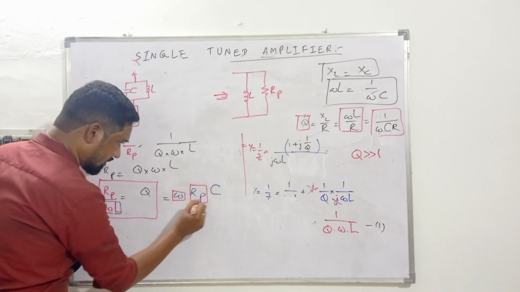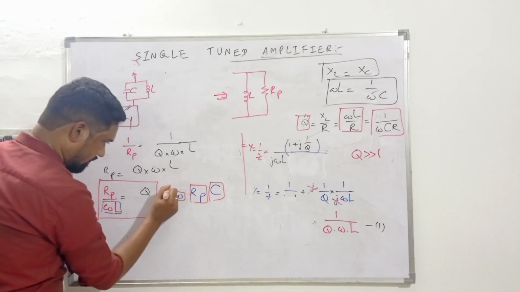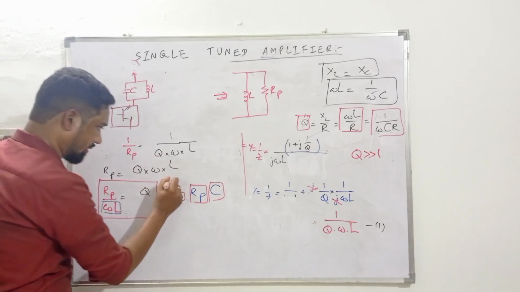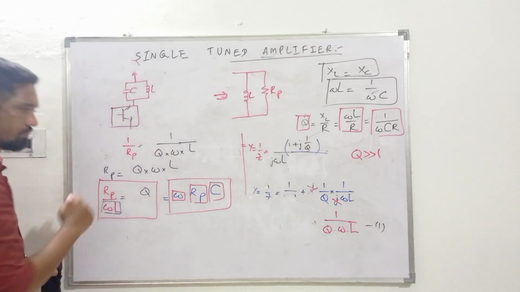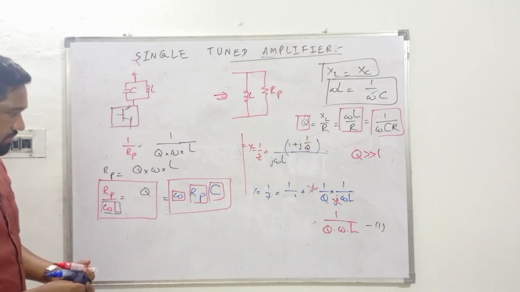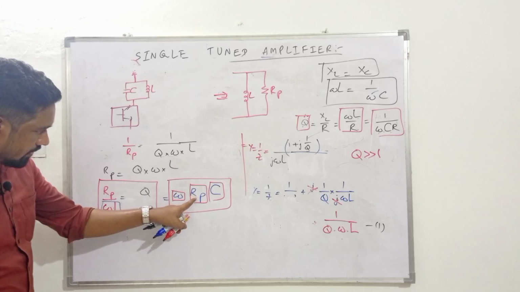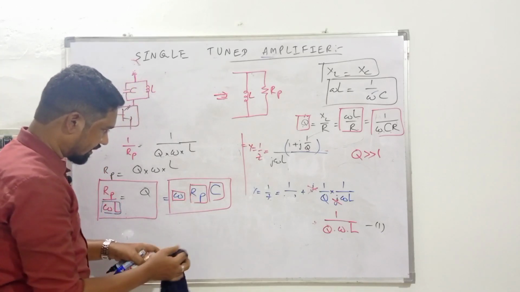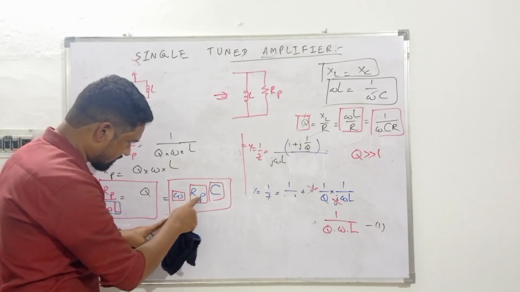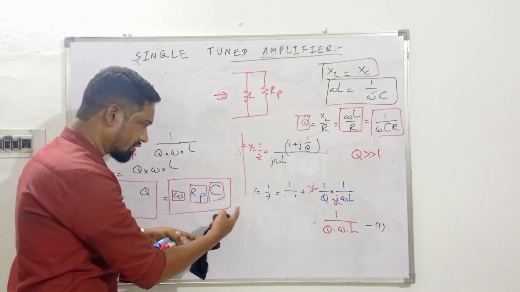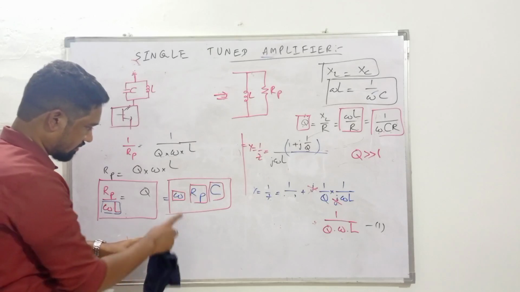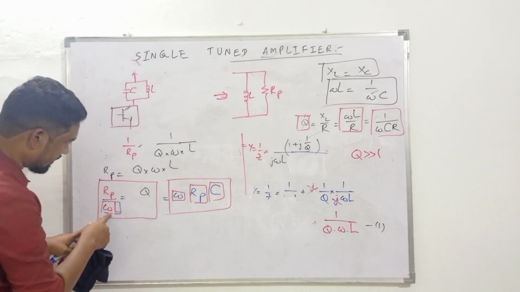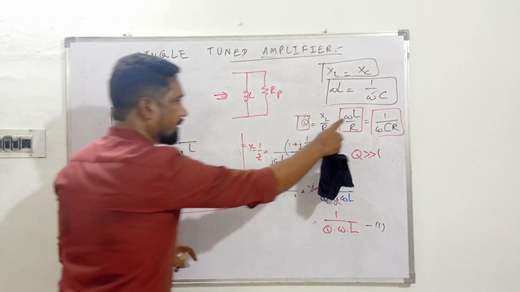So finally what I want to say is that even this product, if you have omega multiplied with R multiplied with C, if we find this in the due course of the ongoing discussion, even that can be plugged in with a Q, right? So make a note of this one: omega Rp C, it's Rp, but finally omega multiplied with resistance multiplied with capacitance, even that is a Q, Rp upon omega L, even that is a Q, and omega L, okay.